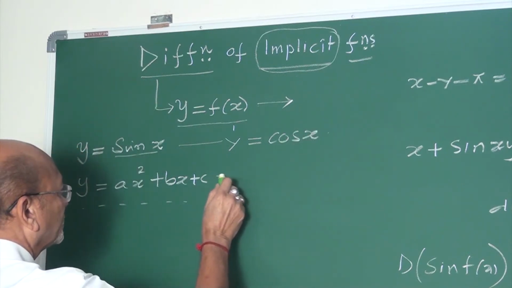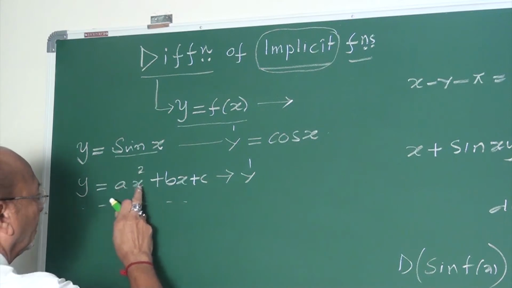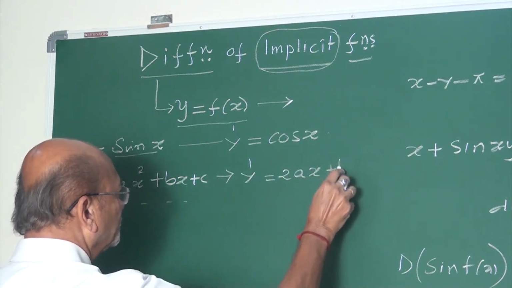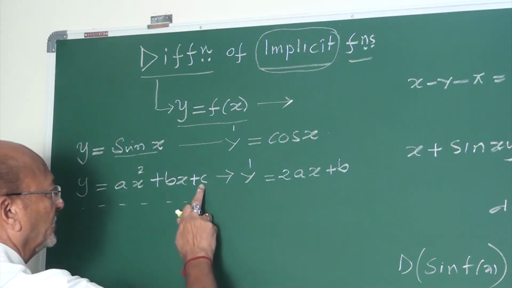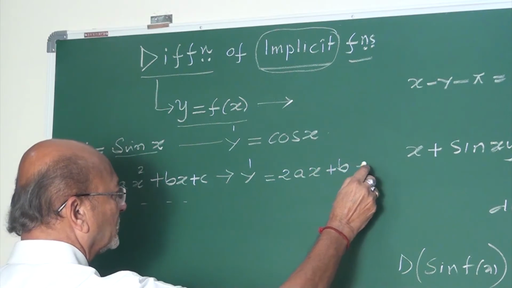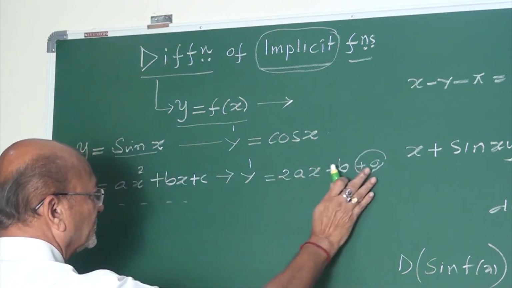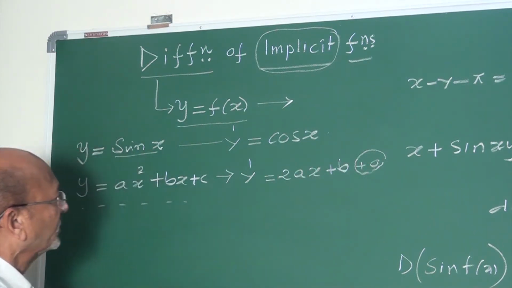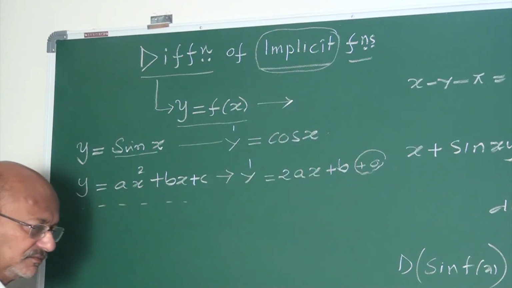What about in this case? y dash is what? 2a x to the power 1 less, that is 2ax, plus b. Why? Derivative of kx is k, so bx gives b. c being a constant, plus 0, no need to write. Why? The function remains as it is. If it is 0, no need. We have done all derivatives of such functions.